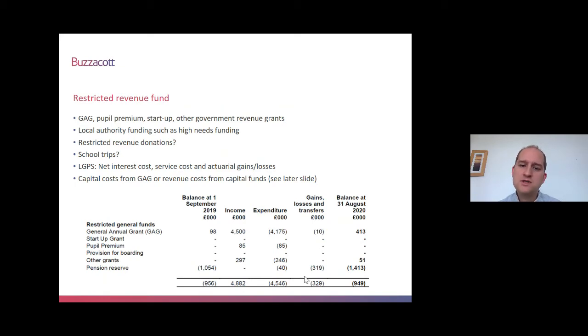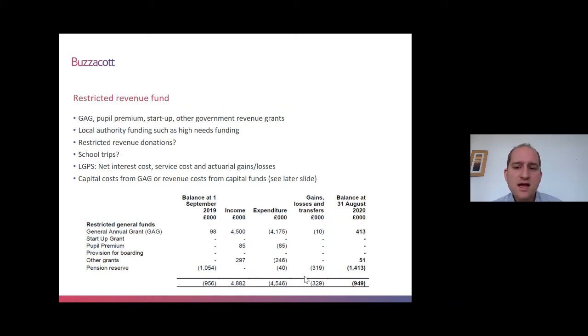So if we've got funds that we can equally allocate to unrestricted funds or to GAG or to other places, we'll try to allocate it to the most restricted area and then leave flexible funding going forward. What that ultimately means most often is that the expenditure within the GAG row is effectively a balancing figure. It's the remaining expenditure that you can't allocate anywhere else, and that brings you to your GAG balance carried forward.